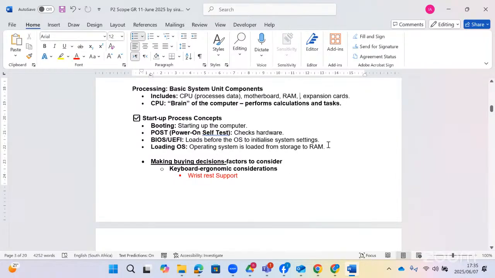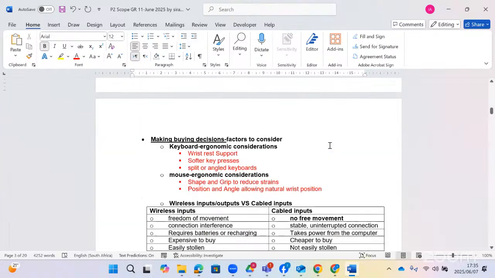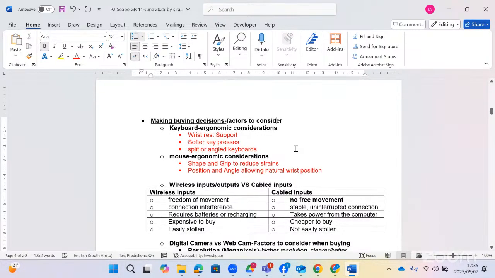Now, making buying decisions. What kind of things must you consider whenever you are purchasing any item or component? Right. Keyboard. Whenever you are buying a keyboard, which is the most common input device, you need to consider the keyboard ergonomics.